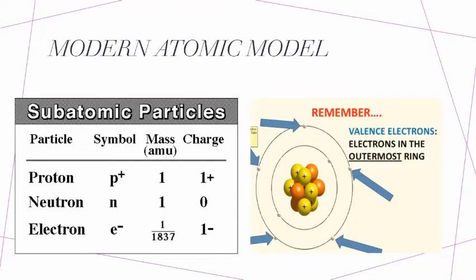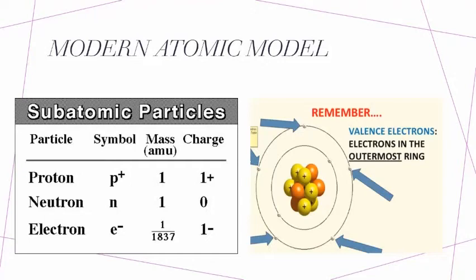Modern atomic model. So what is it? Let's see. We know that an atom consists of three main subatomic particles: the proton, neutron, and electron. First, let's see what a neutron is in full detail. We already know some basic things about it, but let's go into detail. A neutron has no electric charge on it, the charge is zero.